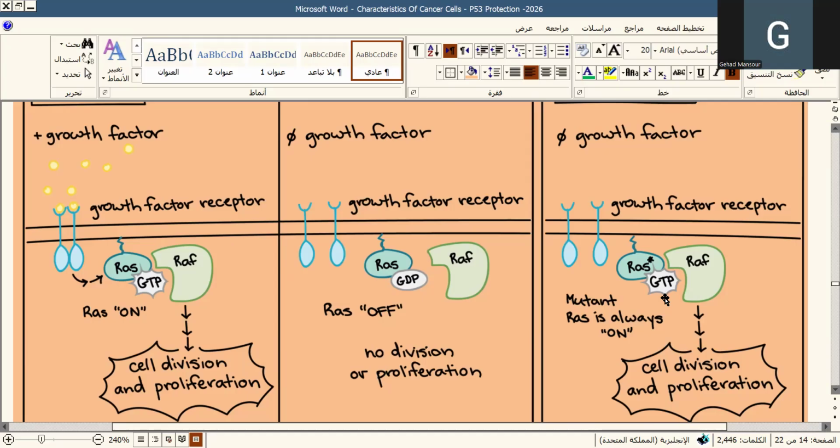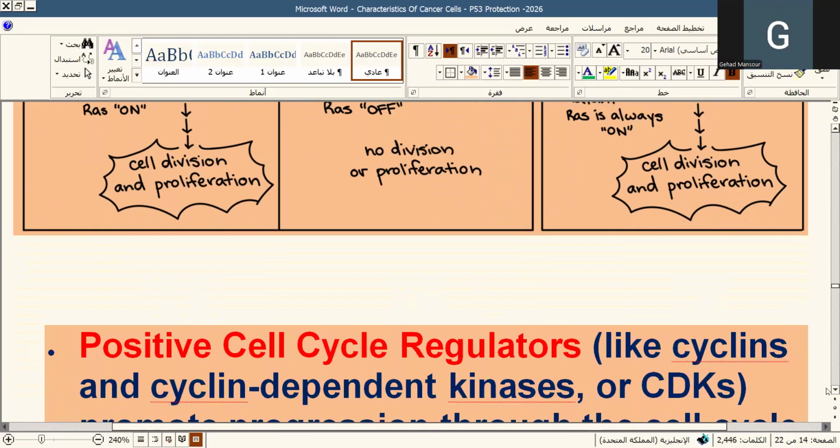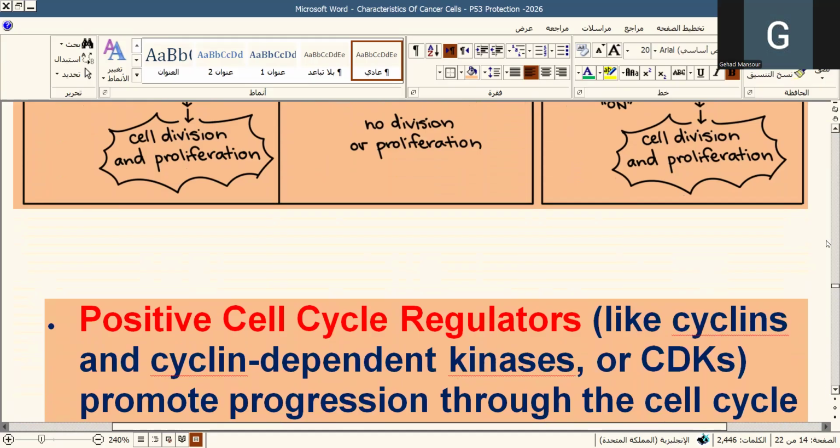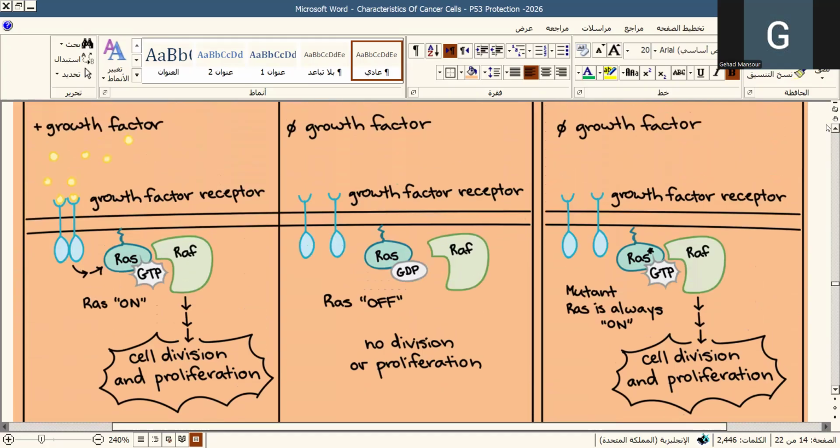The normal is that when there is growth factor, it becomes dissociated from GTP and becomes bonded to GDP. But here it stays on because it stays bonded to GTP, and there is continuous cell division and cell proliferation, which results in cancer.